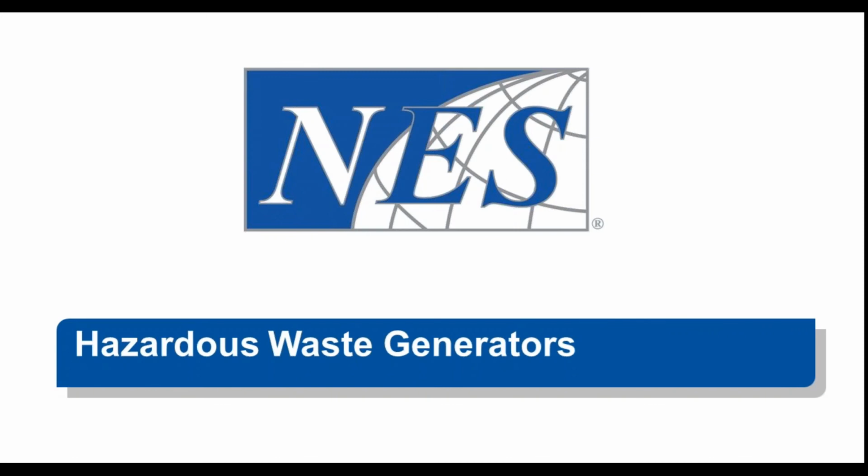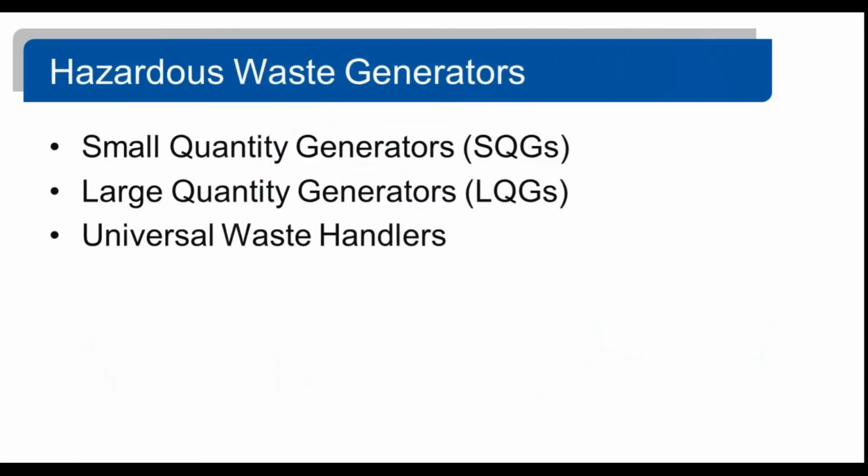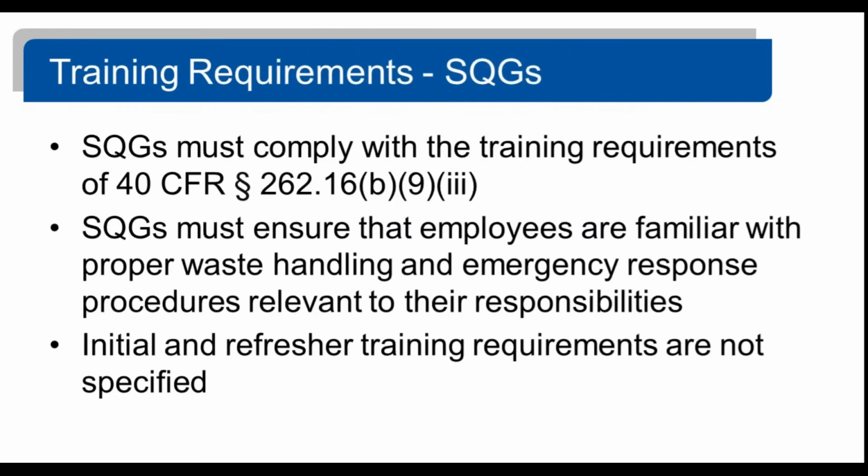So we have small and large quantity generators, and we will begin with the training requirements for small quantity generators. Then we'll look at those training requirements for large quantity generators, and we will conclude this section with the universal waste handler training requirements.